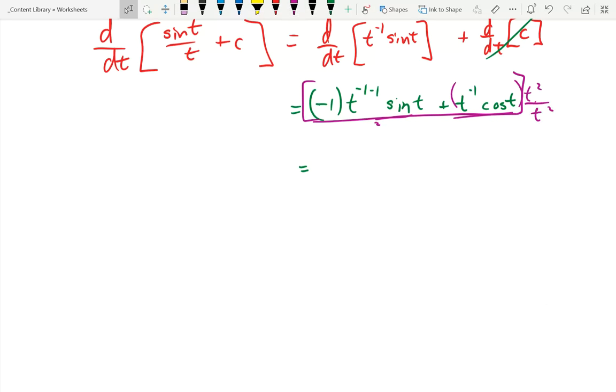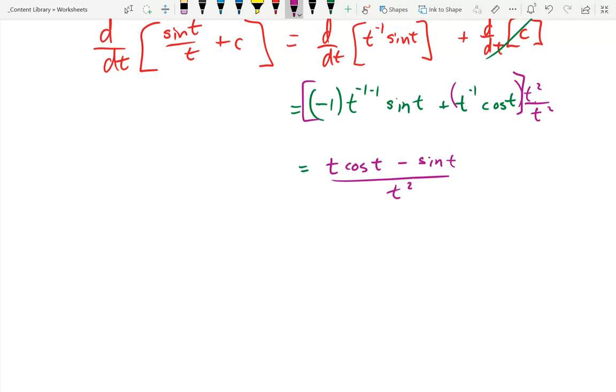I'm multiplying by 1, multiplying top and bottom by t squared, so that the t to the minus 2 will cancel, and the t to the minus 1 will become a t. And so that's going to be t cosine t minus sine t over t squared.